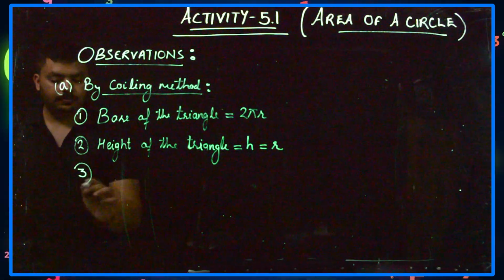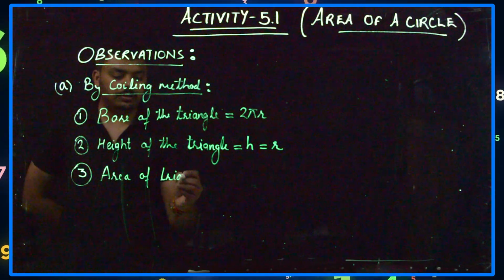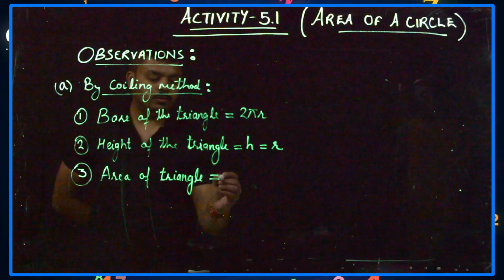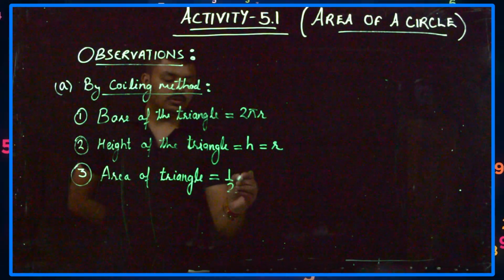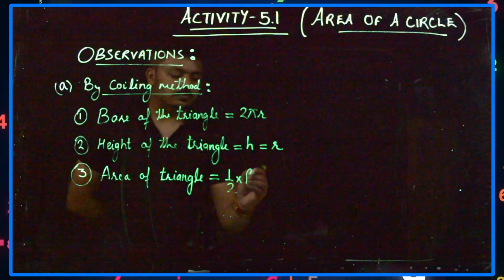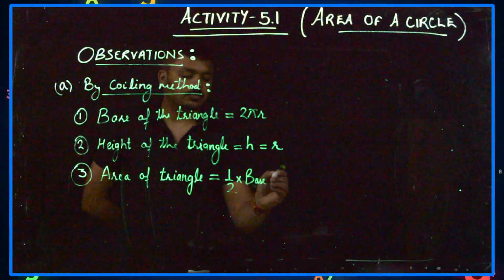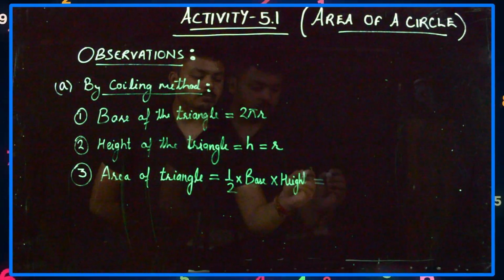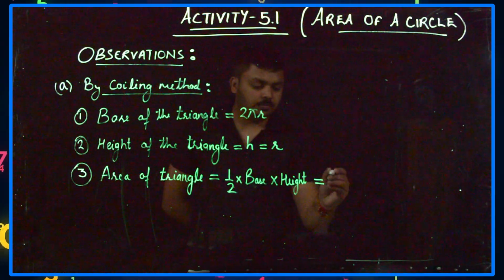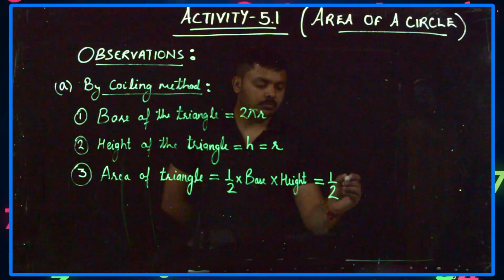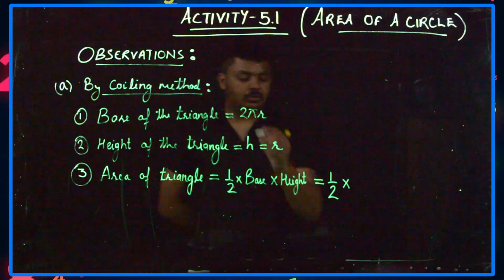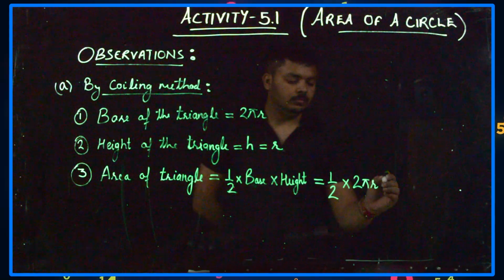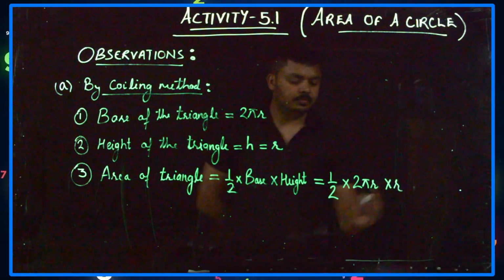Third, area of the triangle is equal to half into base into height, equals half into base, which is 2 pi r, into r.